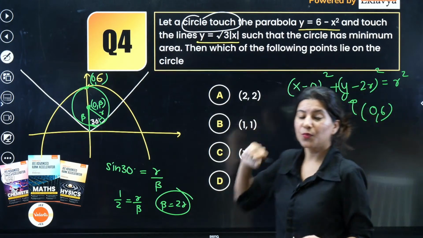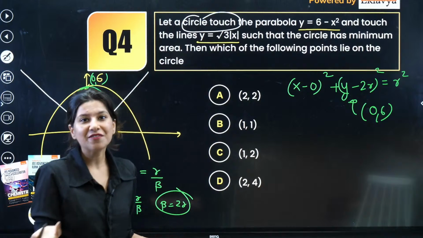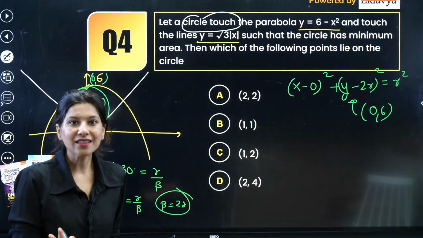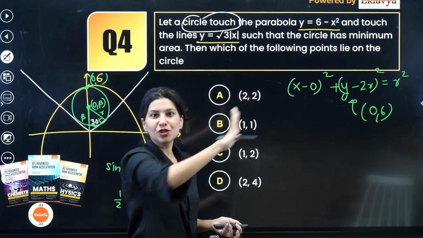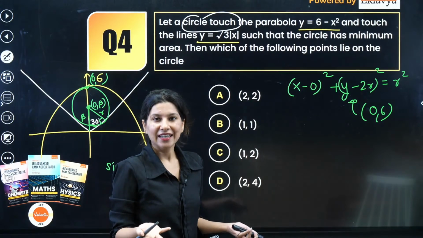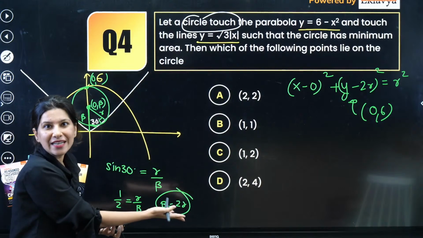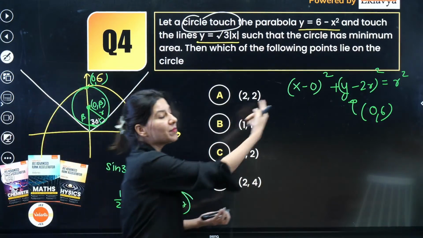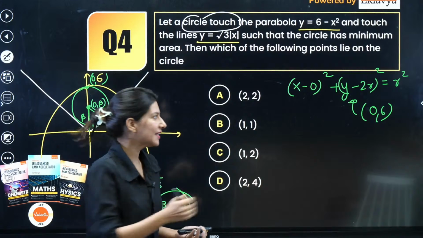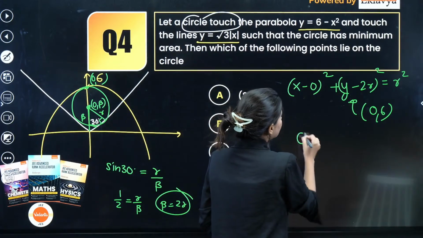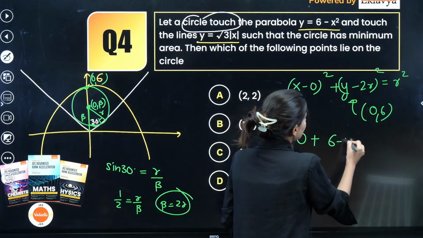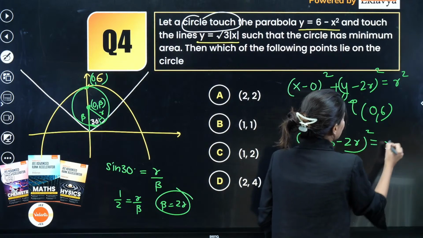If I put the value over here, I'm going to get the value of r. And once I get the value of r, I get the whole equation of the circle, right? Is it rocket science to know which point my circle passes through? No, right? So let us put 0. This is 0 plus 6 minus 2r whole square, equals to r square.